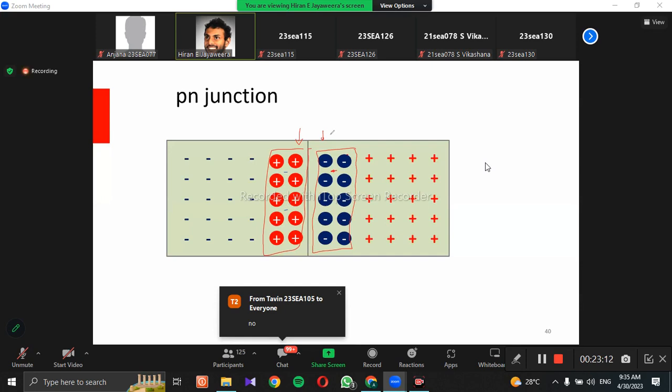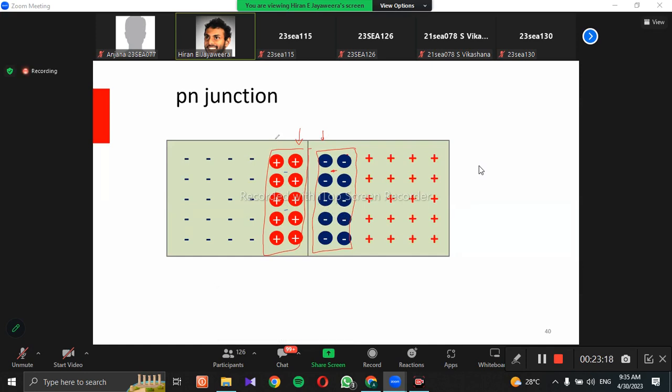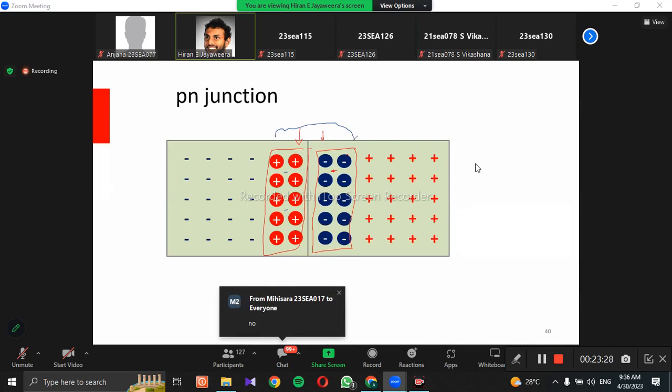So just keep in mind that there could be some minority carriers, but in general, there's no free charge particle. Therefore, this region we call the depletion region, the region where you can't do charge transportation because there are no charge carriers. Right? And the strength of this electric field depends on the material.